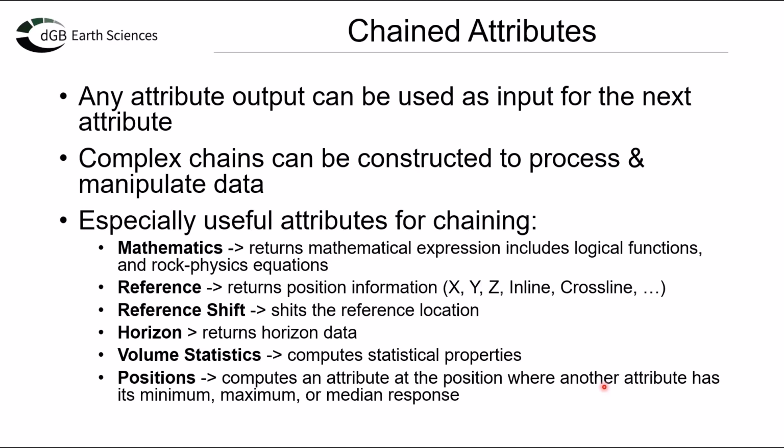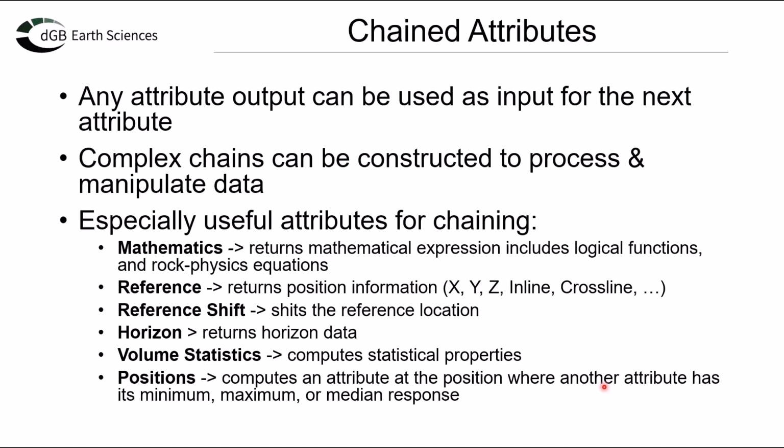The horizon attribute, which allows me to combine horizon data with seismic information, because what this horizon attribute does is return information from a horizon. That can be the Z value, or it can be some horizon data saved with the horizon. It returns this and puts it everywhere along the same seismic trace. So then I know at every sample position what the horizon information is belonging to that trace location.